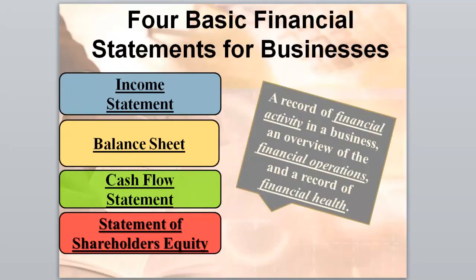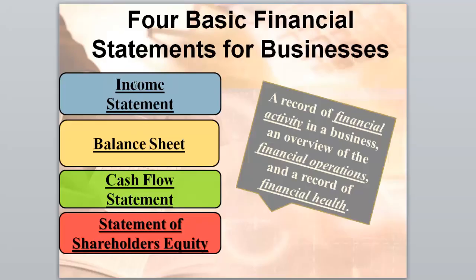So all publicly traded companies are required to file 4 basic financial statements. You have the income statement, the balance sheet, the cash flow statement, and the statement of shareholders' equity. Now in this video, we're going to go over the income statement and the balance sheet more in depth. We'll briefly cover the cash flow statement, but the statement of shareholders' equity is probably better left for your advanced accounting courses, because you probably won't be dealing with much of the information that's in here unless you're more of an advanced financial analyst.